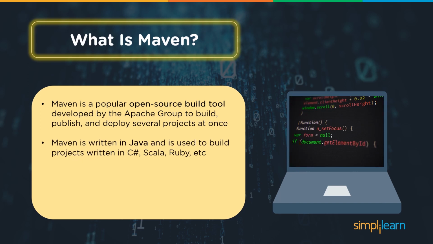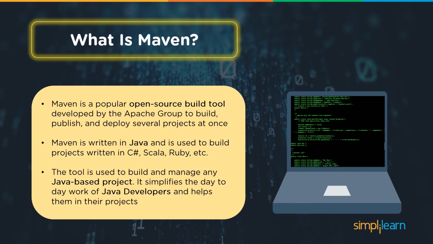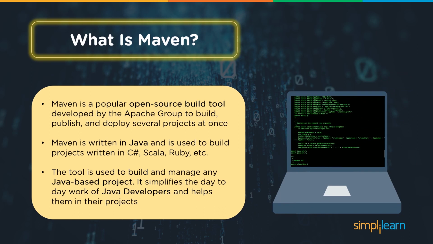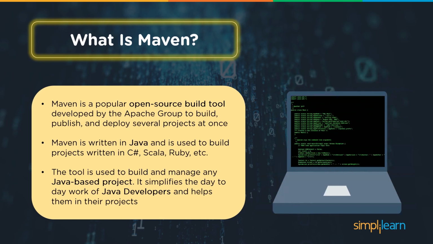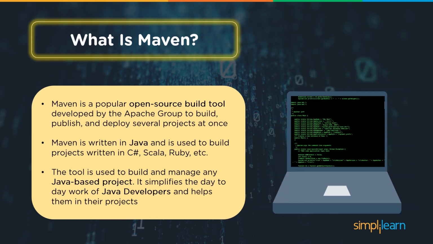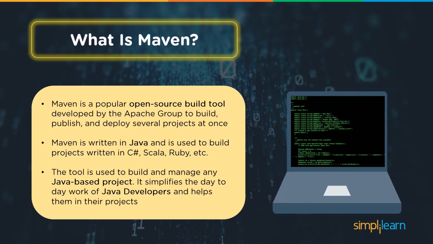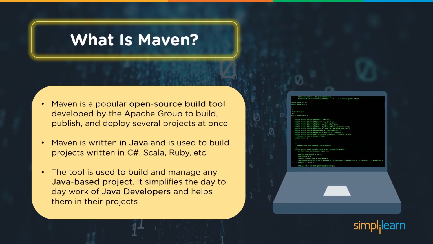Maven is written in Java, and it can be used to build projects written in C#, Scala, Ruby, etc. So apart from Java, these are the different programming languages supported by Maven for performing the build activity. The tool is used for build and management of any kind of Java-based project. It simplifies the day-to-day work of a Java developer and helps them automate most of the compilation or build tasks on the projects.